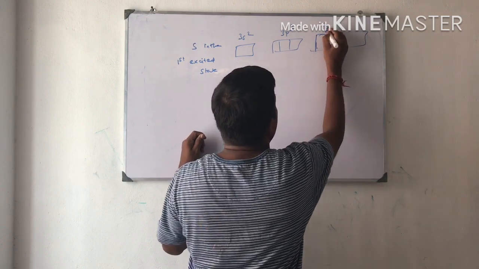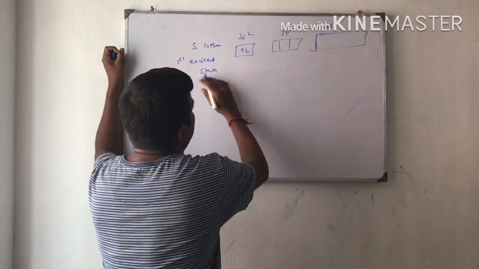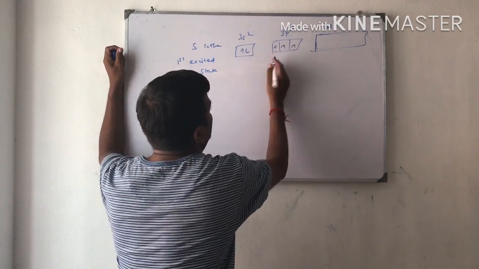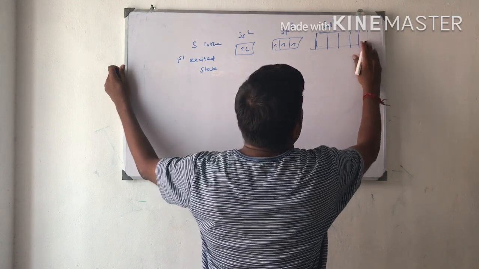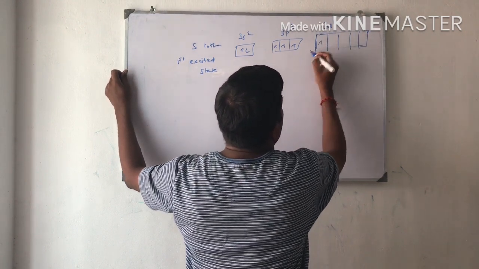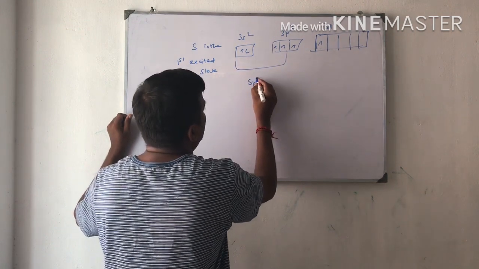First excited means one electron in the 3p is promoted to the 3d orbital. One electron is there. The hybridization is sp2 hybridization.